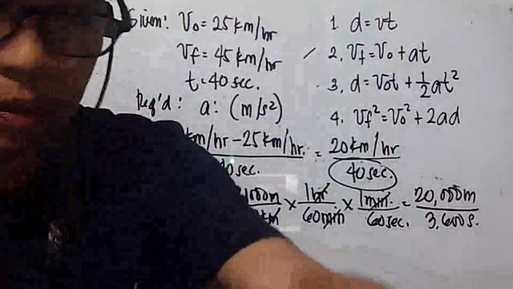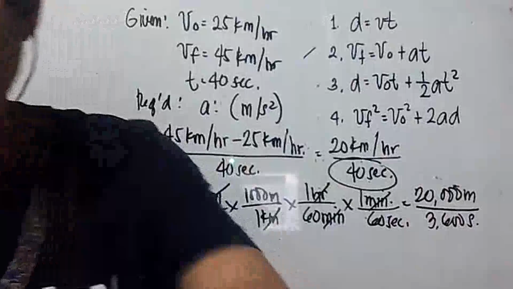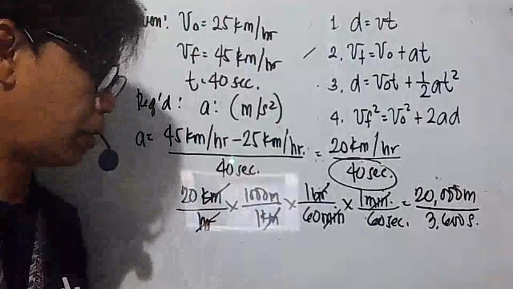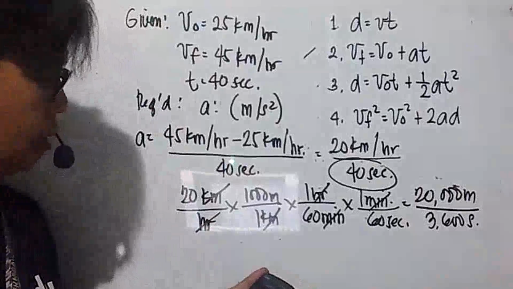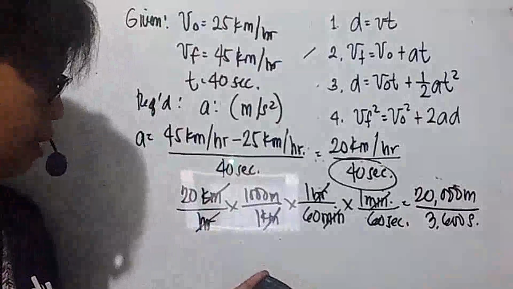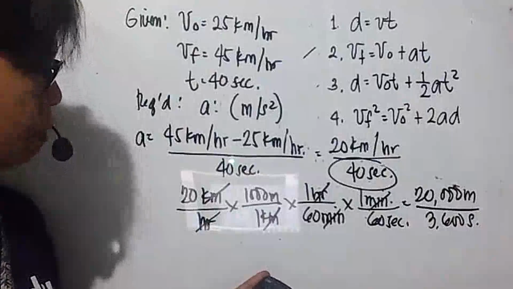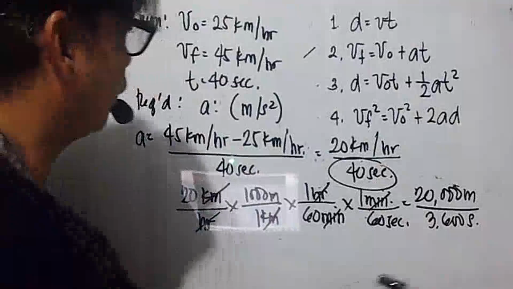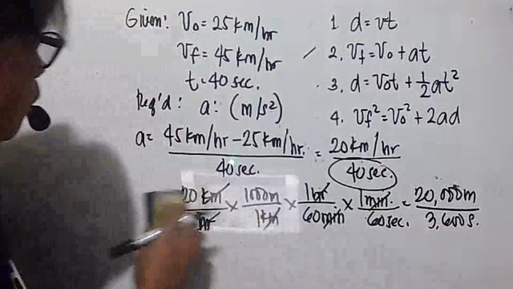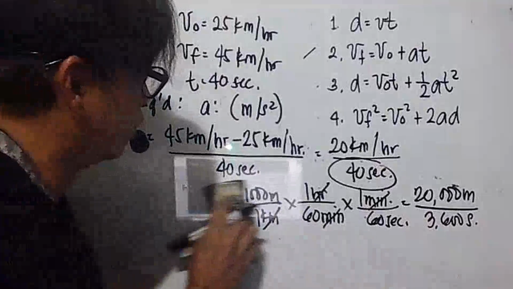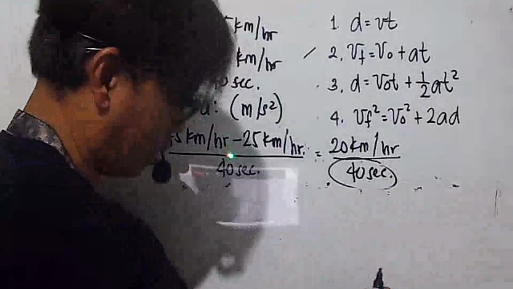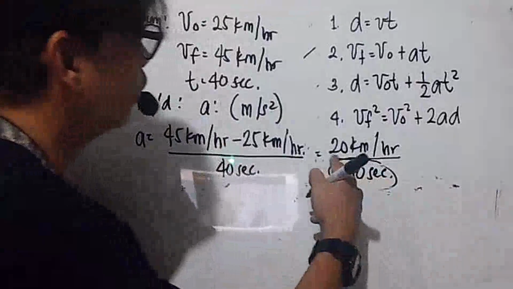Let me use my calculator. What is 20,000 divided by 3,600? It is 5.56. So I'll be removing this conversion, and we're going to change the value of this one.